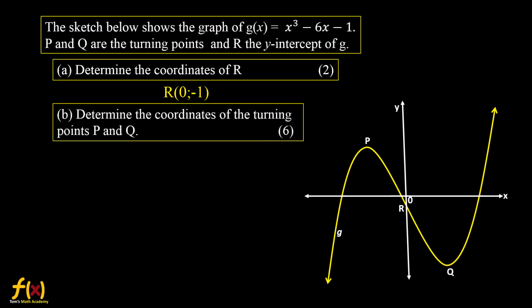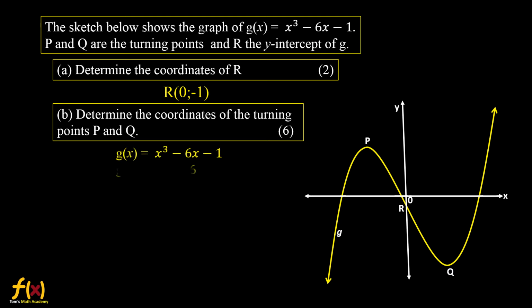Question B: determine the coordinates of the turning points. Important, 6 marks. So how do we get the coordinates of the turning points? At the turning points the derivative must be equal to 0.